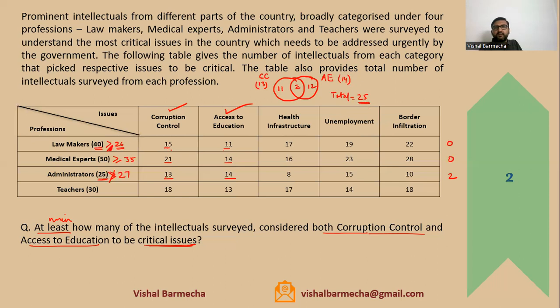Now if you add up 11 plus 2 13 plus 12 25, exact 25 आ रहा है.